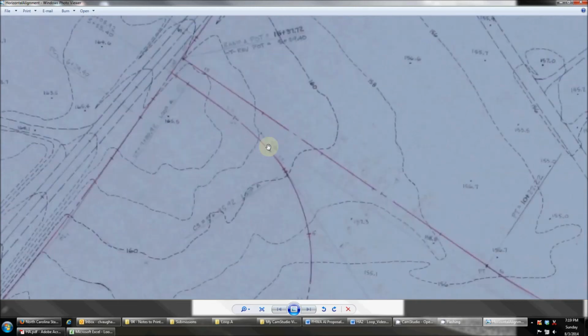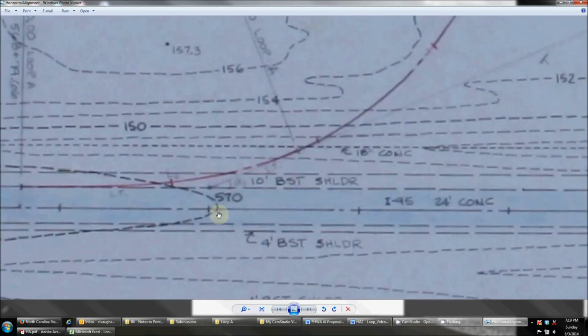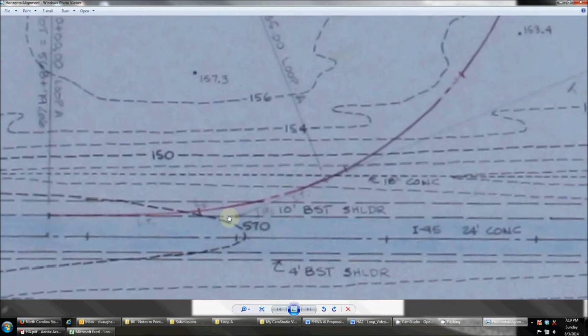So I'm going to zoom out a little bit. Let's look first at this PI. You can think of it as PI1 for the first spiral from station 0. So measure an angle that you have, theta S. Measure an angle from this outside lane line edge here, where you've been, the tangent that you've drawn from station 0+00 to the PI.